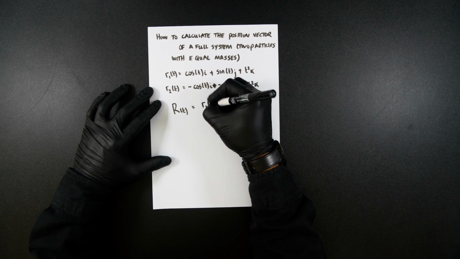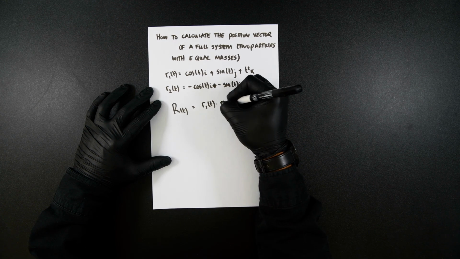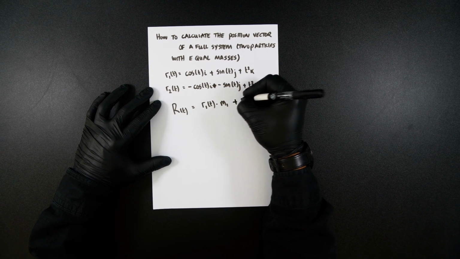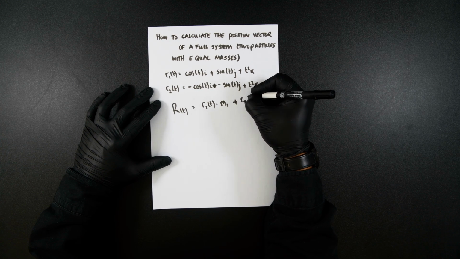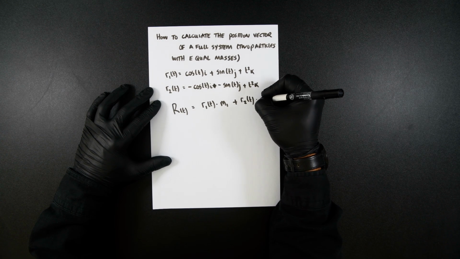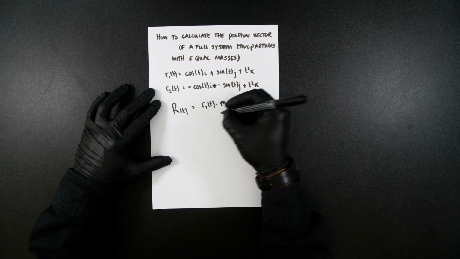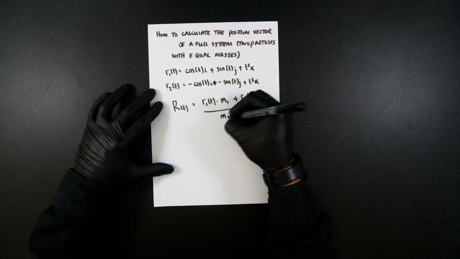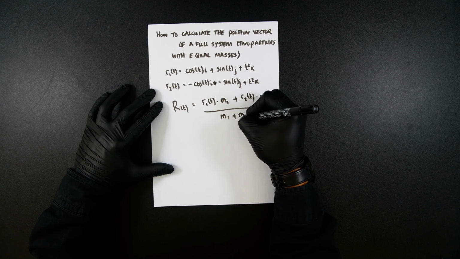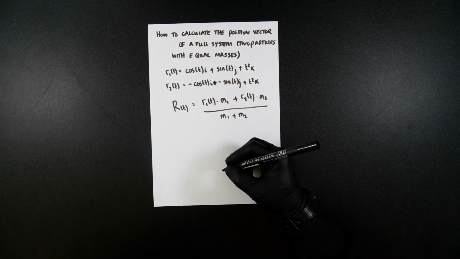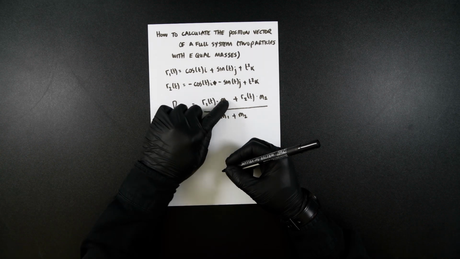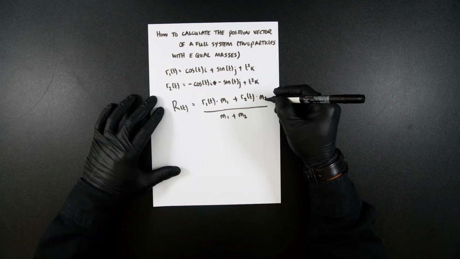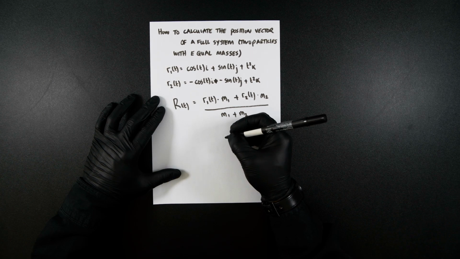And that's r1(t) times m1 plus r2(t) times m2, and we're going to divide all of it by the addition of both the masses. So position vector times the mass plus the position vector times the mass, divided by both the masses.